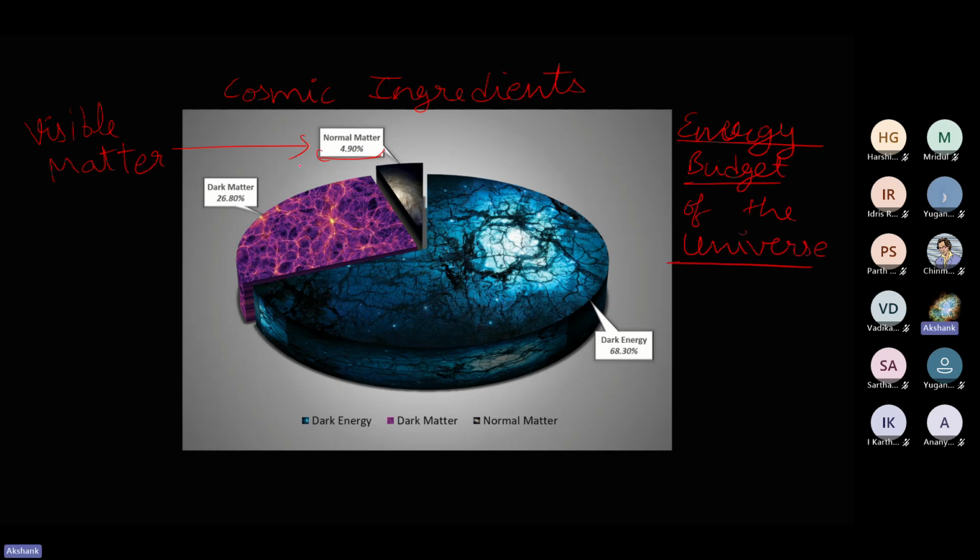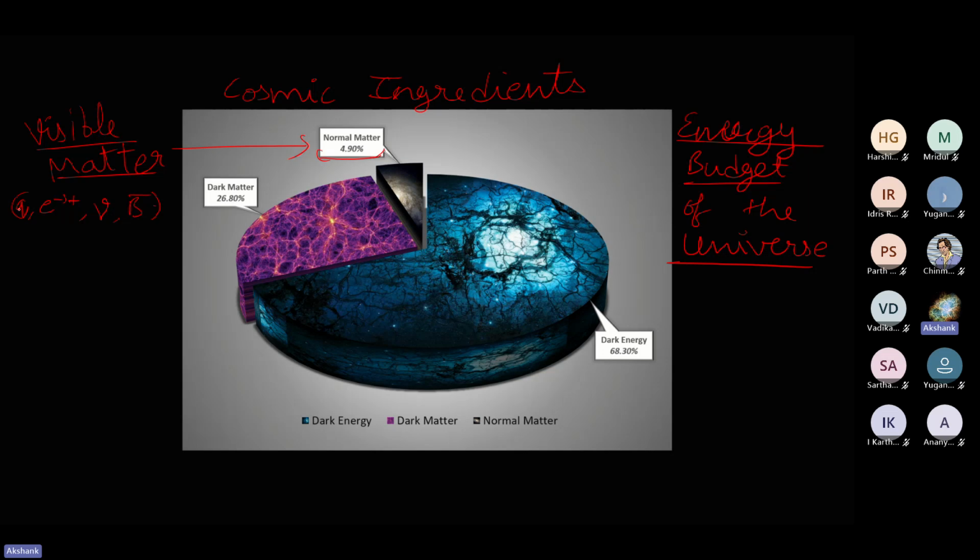So you have less than 5% of the universe's energy and mass in the form of visible matter that we understand. Okay. So you must have read about the standard model of particle physics, right? You have quarks, you have electrons, positrons, you have neutrinos, and you have bosons, right?